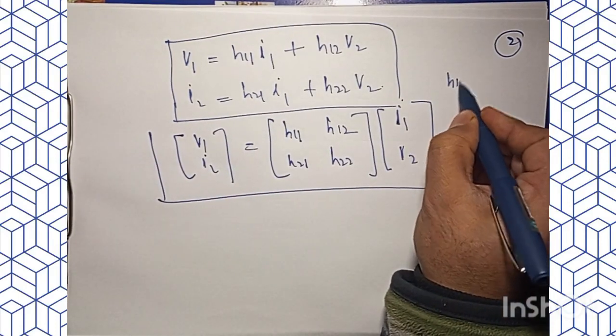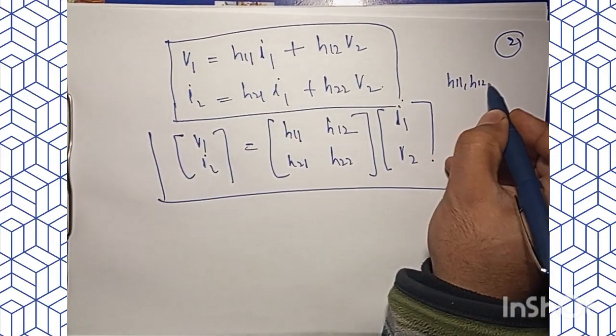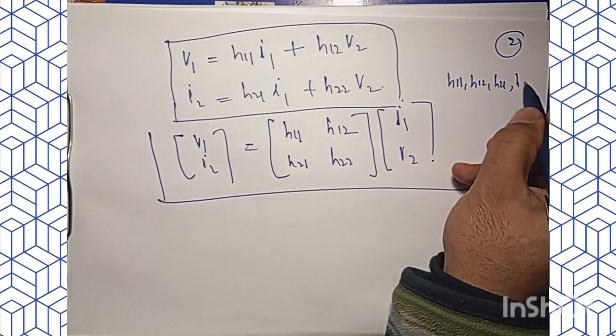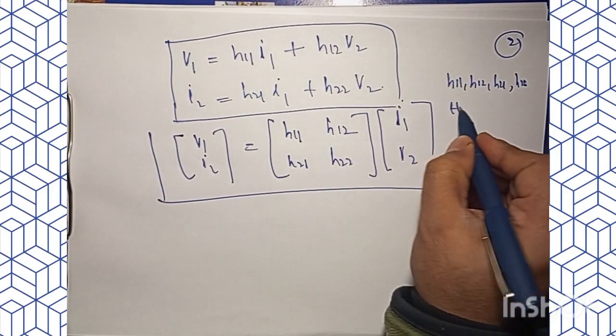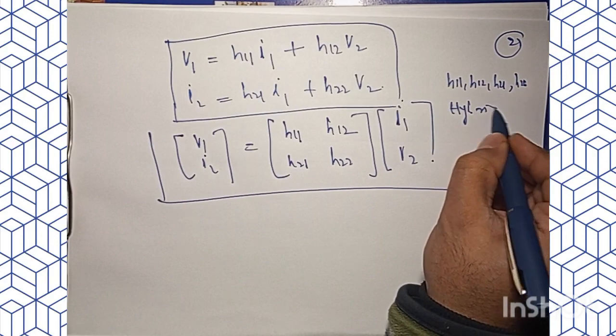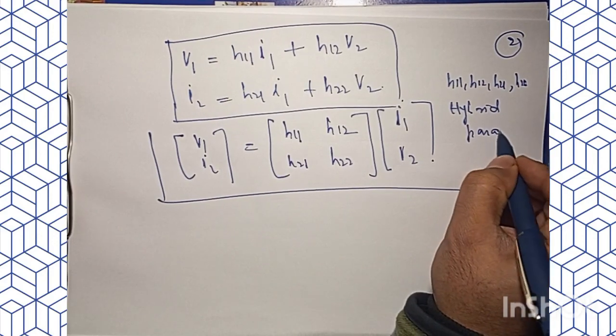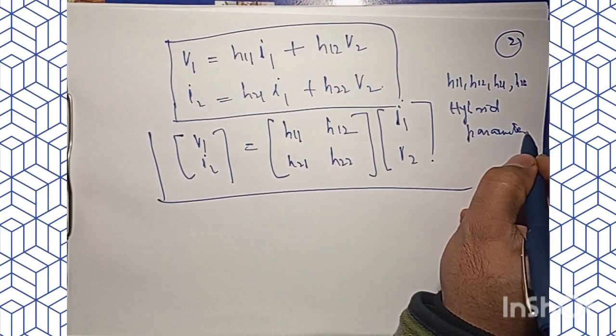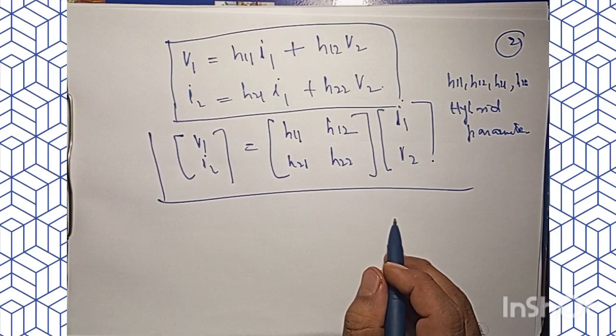So H11, H12, H21, H22 are called hybrid parameters. Clear? That should be clear.